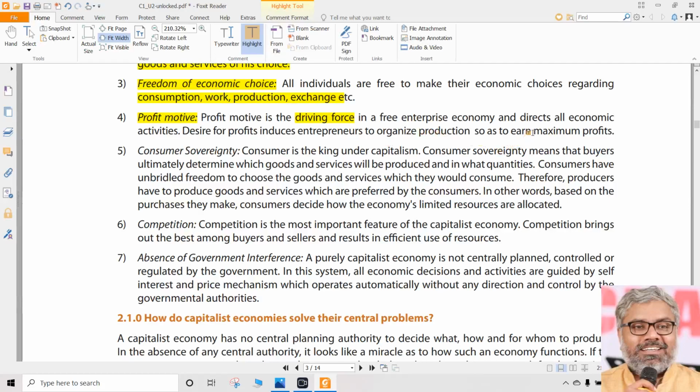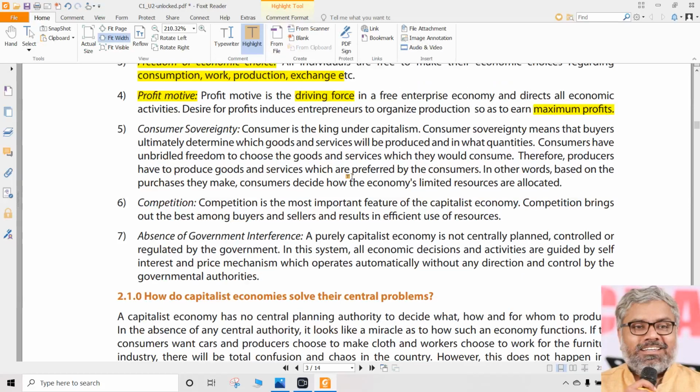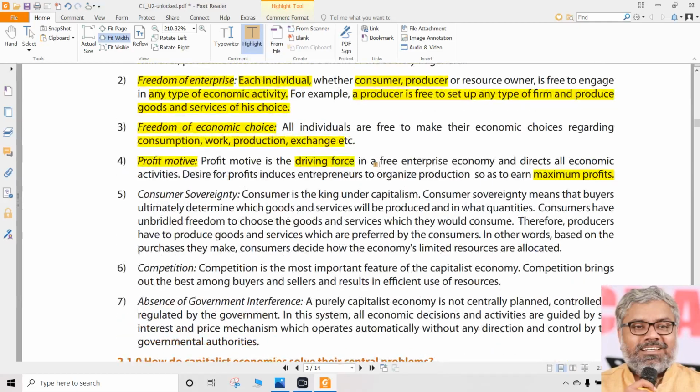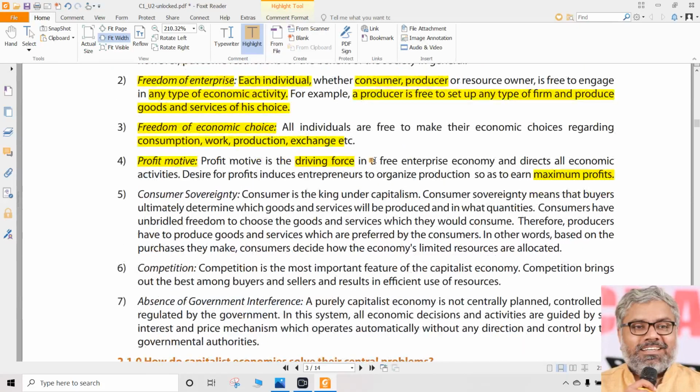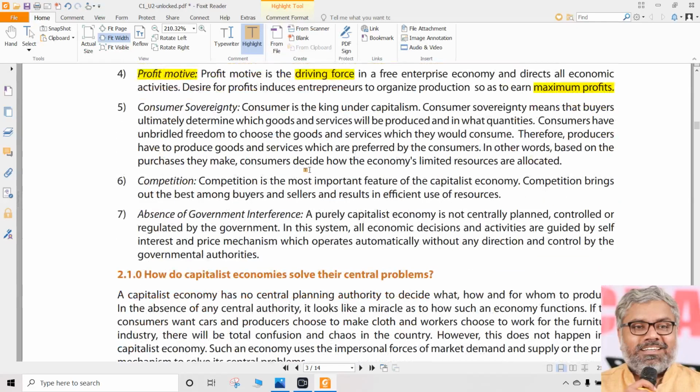Ultimately, the objective of every entrepreneur is maximizing profits. That is the reality. Somebody may say, I am doing social service and all. Those are okay; separate organizations exist for that. But normal economic entities which are producing or giving services always aim to maximize profits. That is not bad or negative.